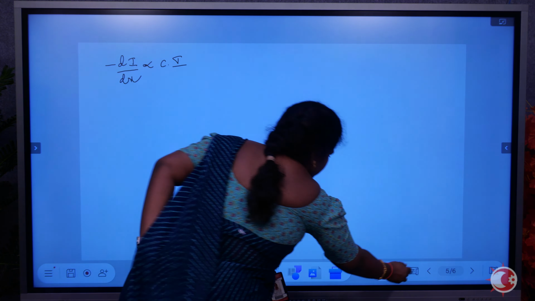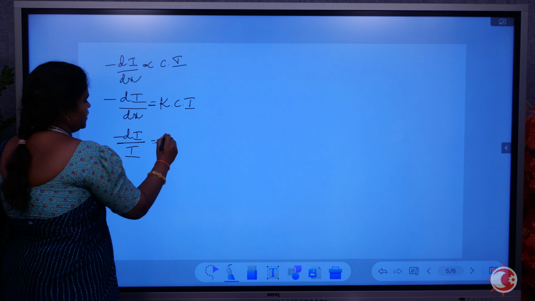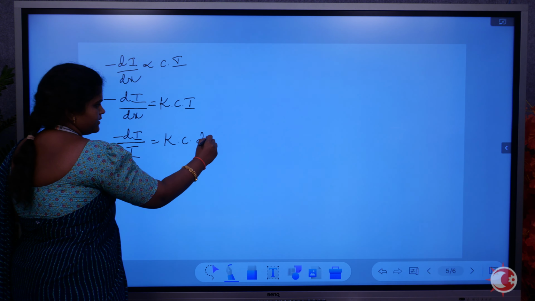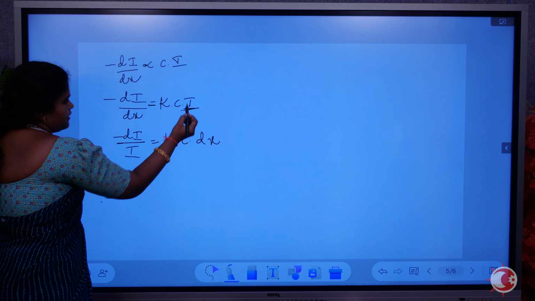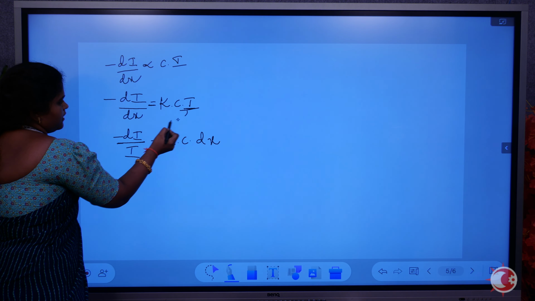Now minus dI by dx, minus dI by I, minus dI by I is equal to k into c into dx. I moved this I to the denominator and moved this dx to the right hand side.